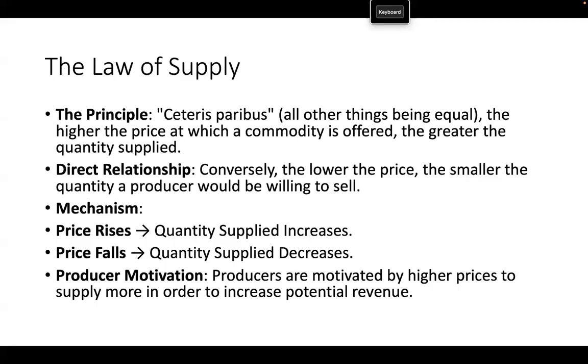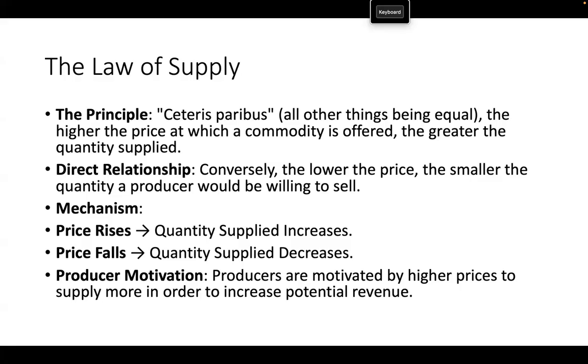Let's understand it in this way. Demand is for buyers. Supply is for producers. A buyer always wants to maximize his satisfaction. So when you go to the market and the prices are high, because the money with you cannot buy all the products on the market, you buy less of the product, all other things being equal.